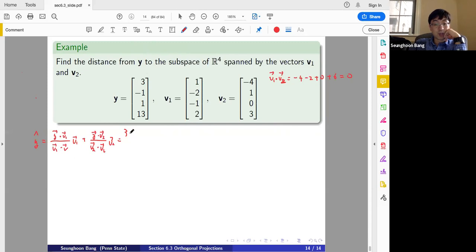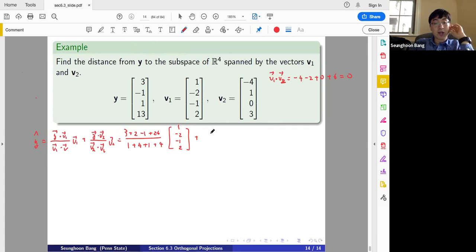Minus 1 times minus 2 is positive 2. 1 times minus 1 is negative 1. 13 times 2 is plus 26, over v1 dot v1. 1 times 1, 1. Negative 2 times negative 2, positive 4. Minus 1 times minus 1, positive 1. 2 times 2 is 4. And vector v1 is 1, negative 2, minus 1, 2.